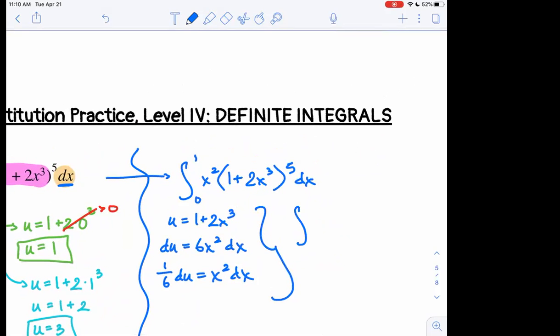This will give me the integral of u to the 5th times 1/6 du. Okay. Now I'm not going to write my bounds here, because if I have u's in the equation, I can't write the bounds because those are x's. But if I did want to write them, I could write them like this: x equals 0 and x equals 1. Okay, so it's a reminder to myself that I didn't change my bounds yet. So I have to remember that some of my equation is with u's and some of it is with x's.